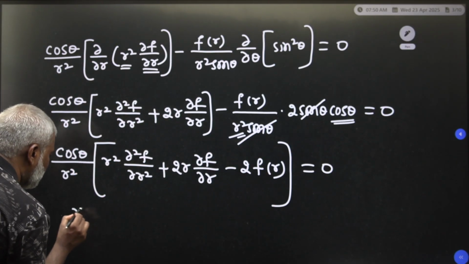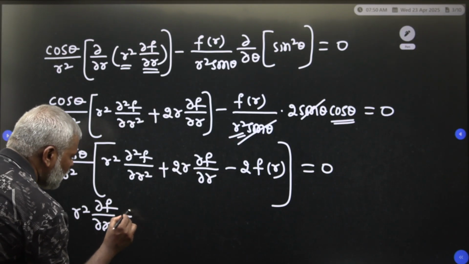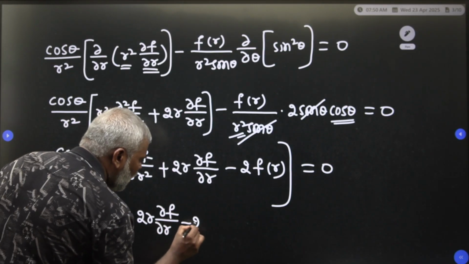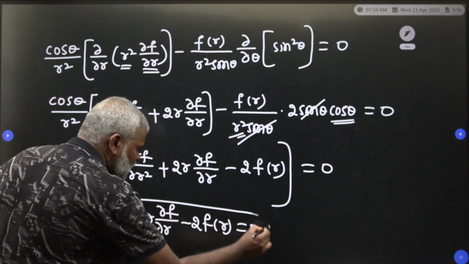Now you are able to see r square into ∂²f(r)/∂r² plus 2r into ∂f(r)/∂r minus 2 into f(r) is equal to 0. So this expression we got.